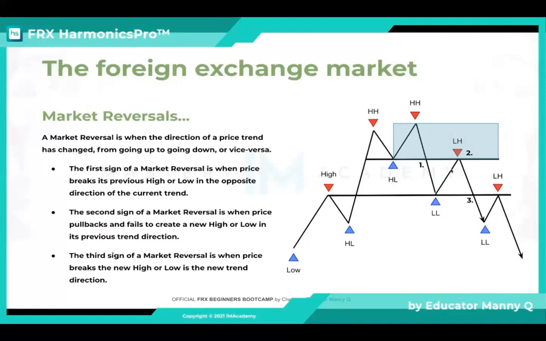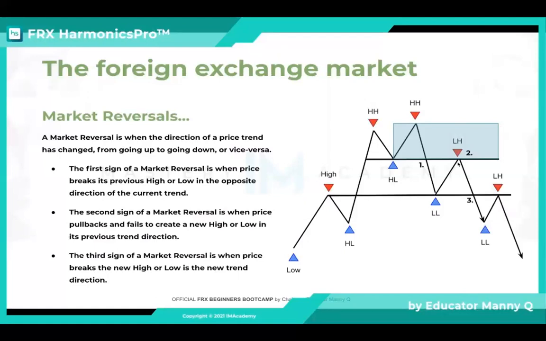Now, when the market pulls back up, it has the opportunity to create a new high point. Now, if the new high point is below the previous high and begins to come down, this is the second sign that the market is beginning to go in a downtrend.